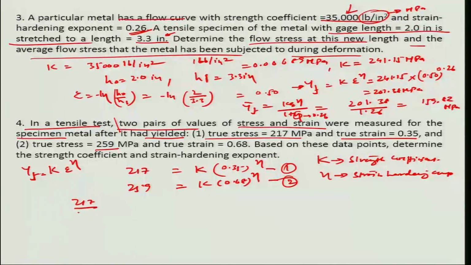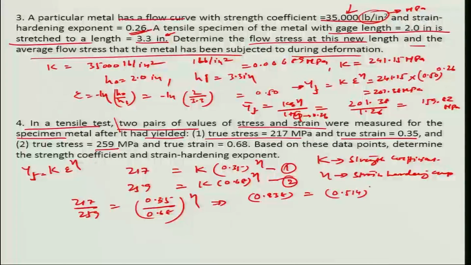So 217 by 259 comes out to be 0.35 by 0.68 to the power of n. So this becomes 0.838 equals 0.514 to the power n. Taking natural log on both sides, we have ln 0.838 equals n times ln 0.514, and in other words n becomes equal to 0.26.